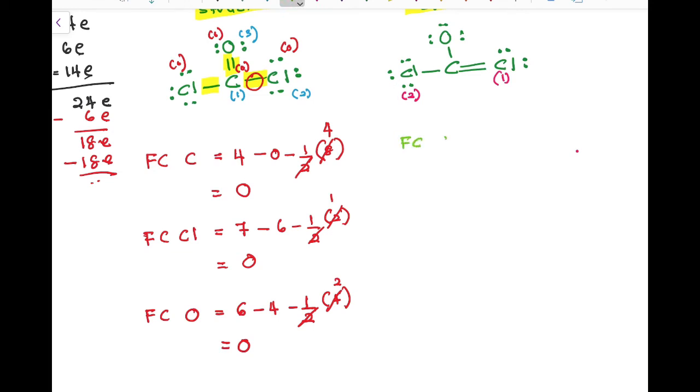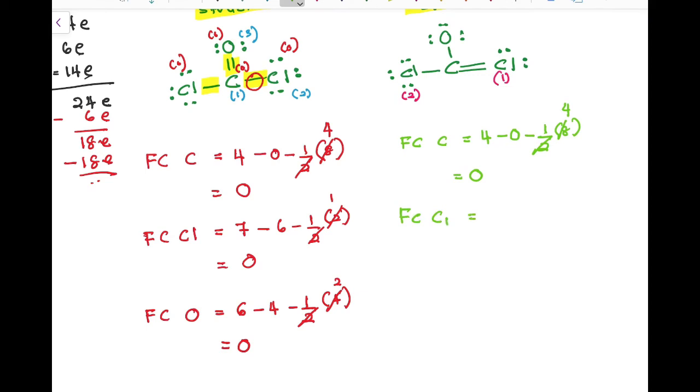Formal charge for carbon, 4 valence electron, minus, there is no any lone pair around carbon, minus half from 8, become 0.